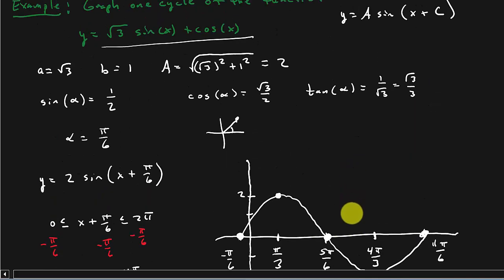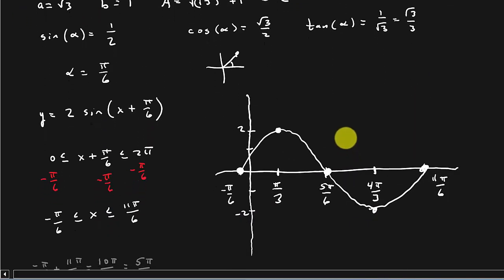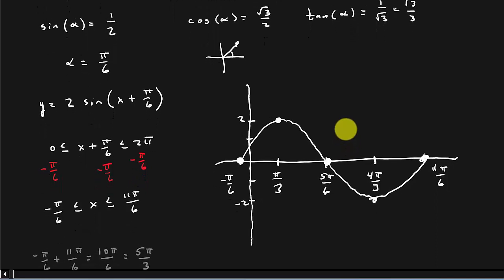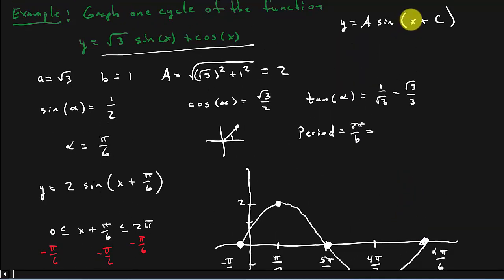And now for this, let's just state the period. The period, remember, is 2 pi over b, which is the number in front of the x value. So that's going to be 2 pi over 1, which is 2 pi.